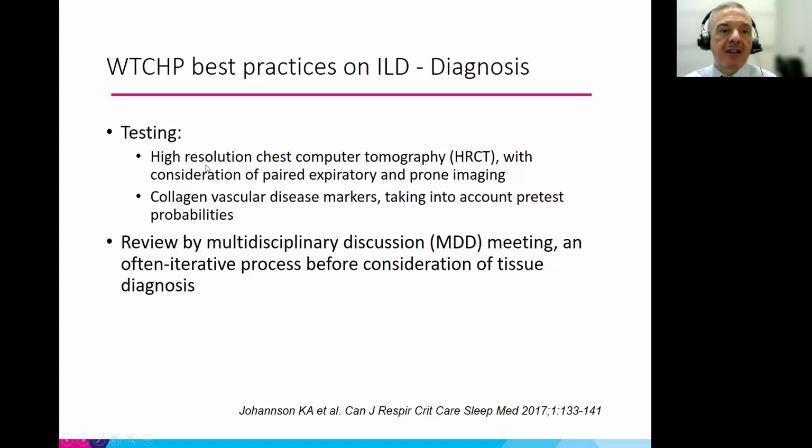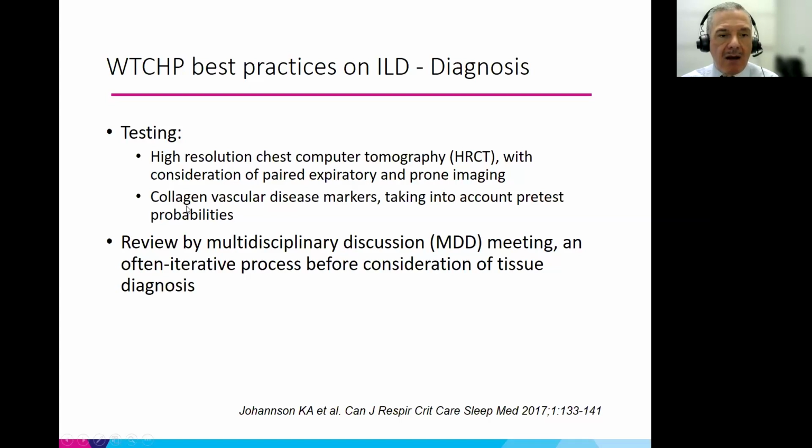In some academic centers, there may be sufficient expertise to diagnose ILDs based on low dose studies, but in the majority of the centers, you should really obtain a high resolution chest CT, and you might just go ahead and request paired expiratory and prone imaging just to exclude other artifacts or give additional detail to the changes.